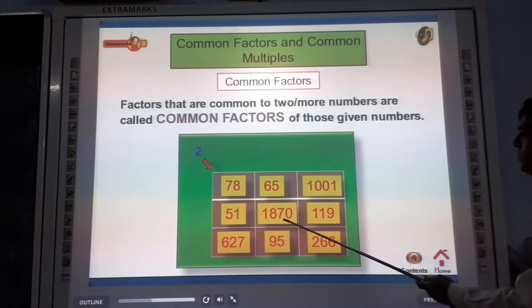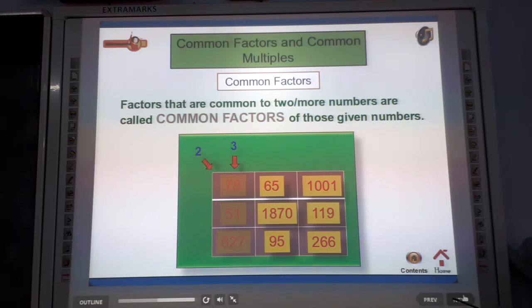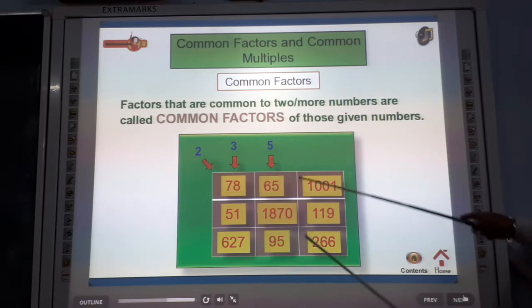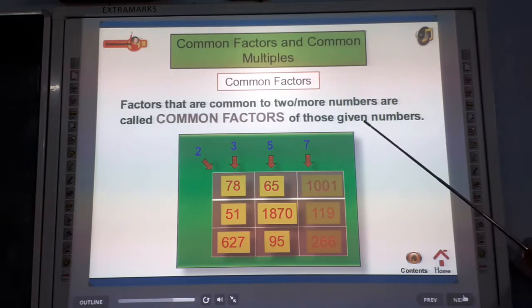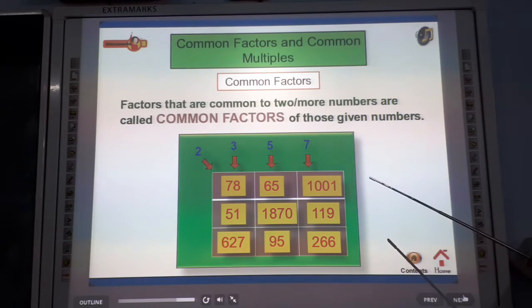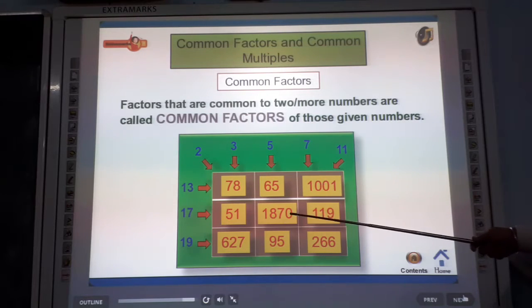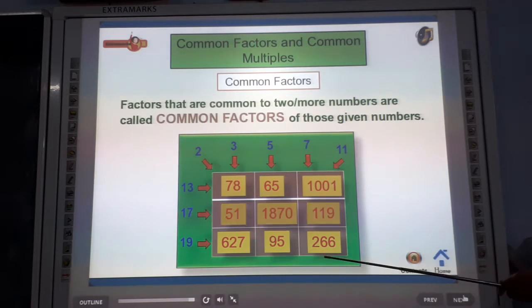Look at this. 2, 3 and 5, 7, 11, 13, 17, 19. Okay.